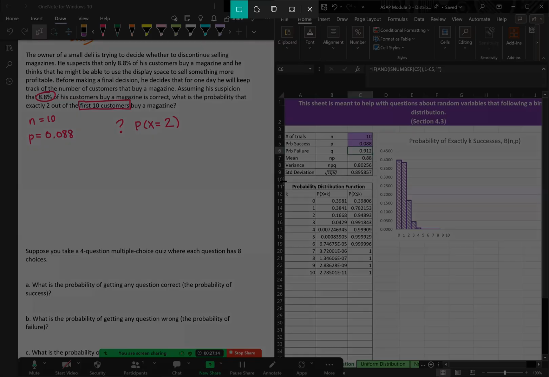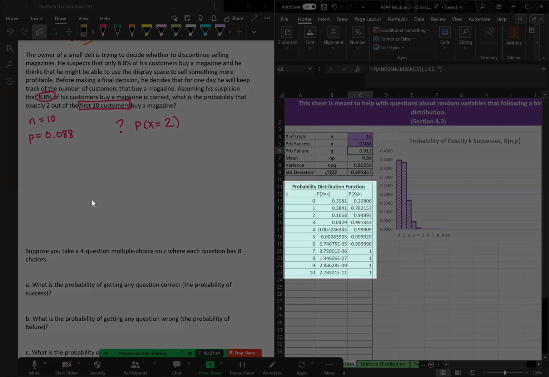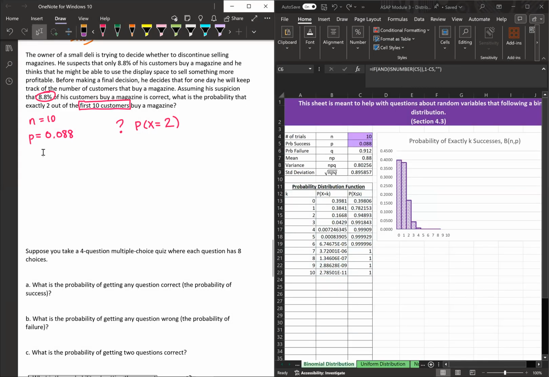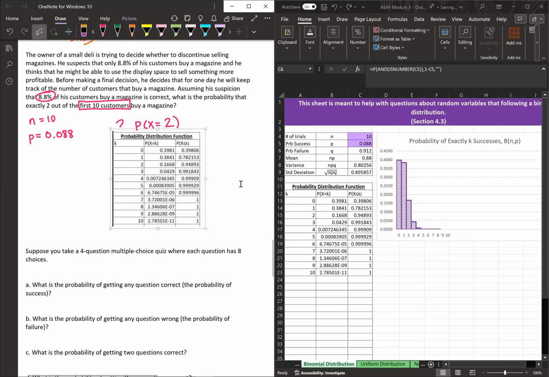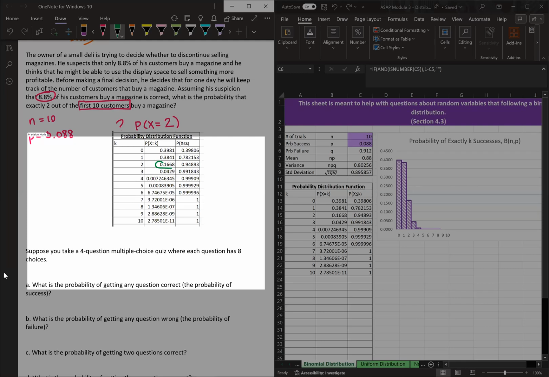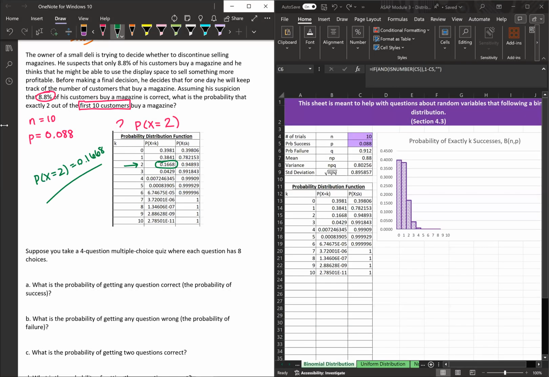And based on the output, the probability that x equals 2 is right here. Okay, much faster with Excel.